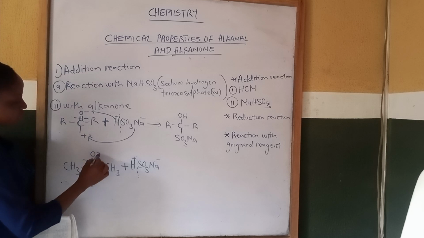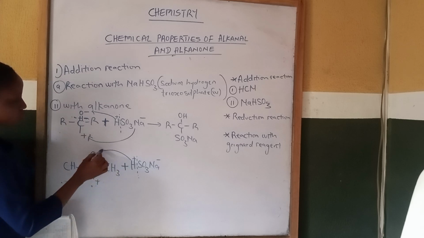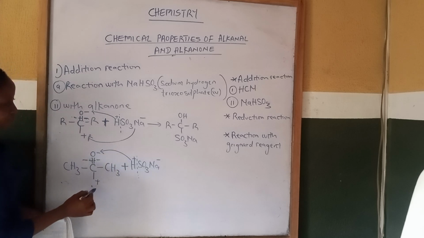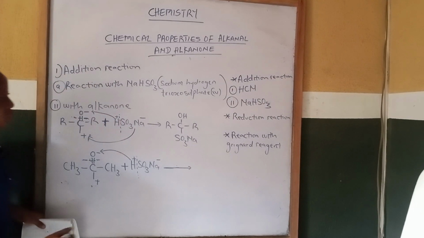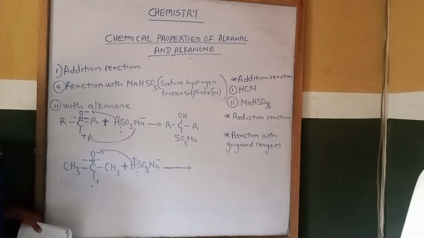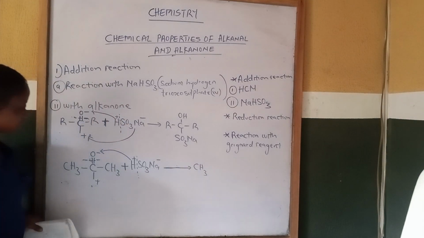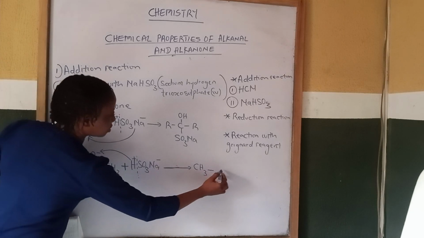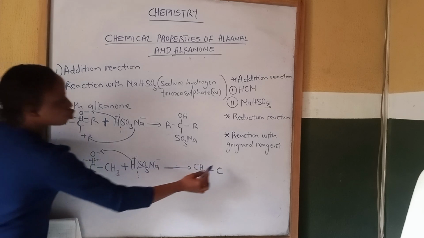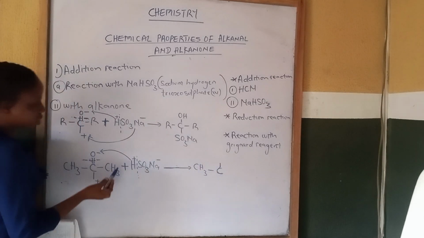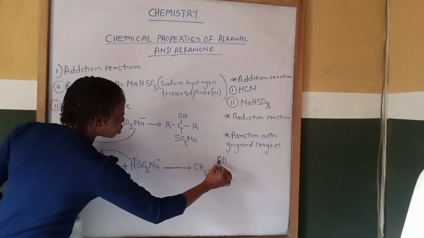Oxygen will be negative, then this side will be positive. So hydrogen will combine with the negative to give us CH3, then C. The double bond has broken into two, so we have one bond now. Then hydrogen combines with the negative to give us OH.